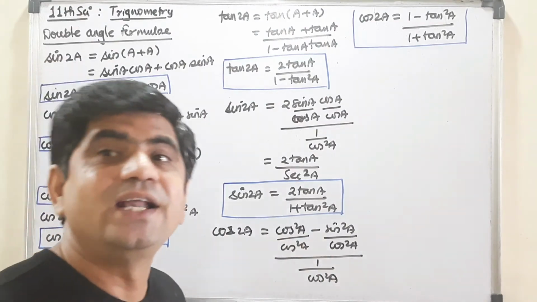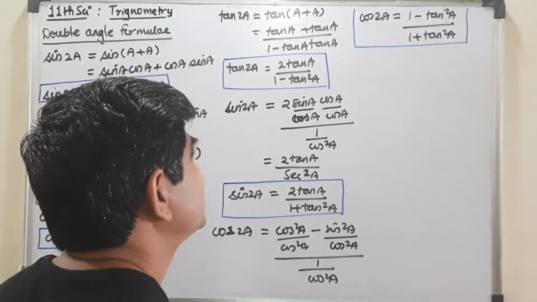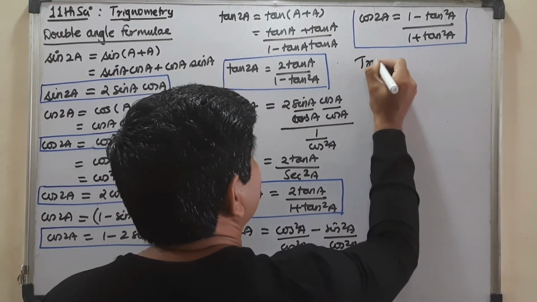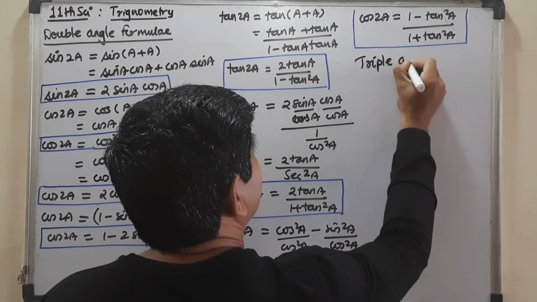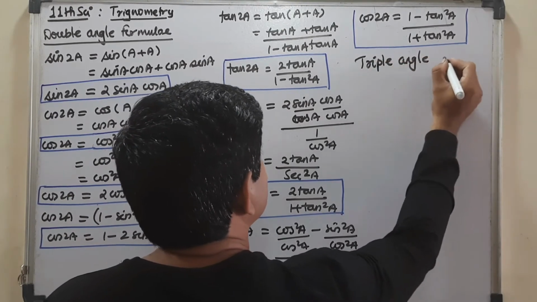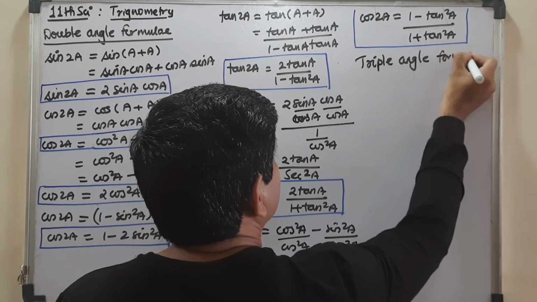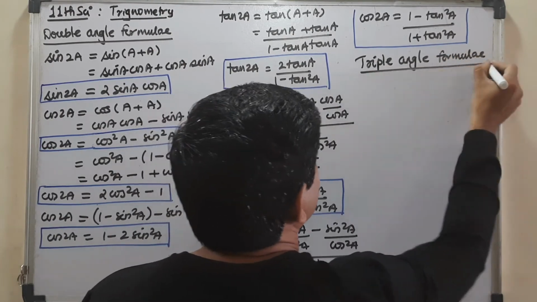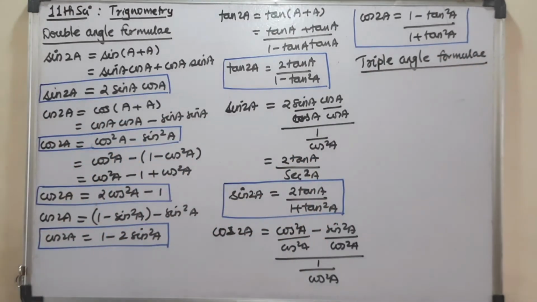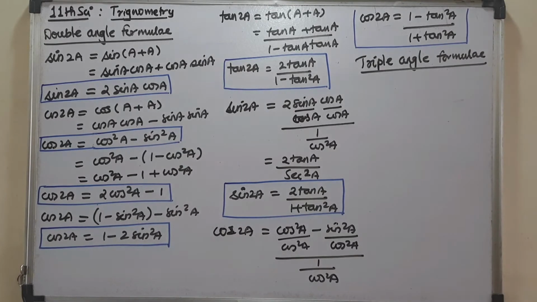Can we find triple angle also? You may be thinking what is going on? But once these formulas are done, you will enjoy solving all kinds of problems henceforth, not only now, whenever.